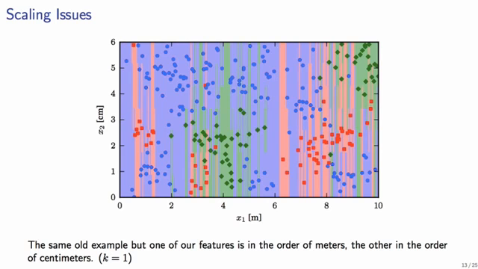One issue that is related to the choice of distance metric in k-NN is that k-NN is very sensitive to the scale of our data. So if we look at our data example again, and instead of measuring both features on the same scale, we measure one of them in meters instead, then for k equals 1, the decision boundaries look a lot different.